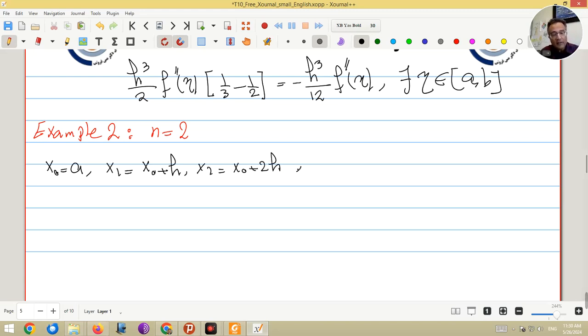Okay, here if you note this formula, you can find out p is equal to 0 and q is equal to 2. And also we can consider h as b minus a over 2. Okay, h is b minus a over 2.